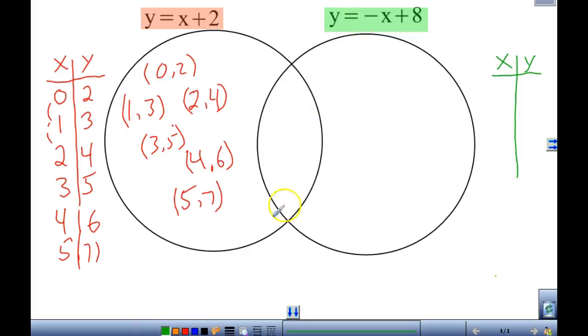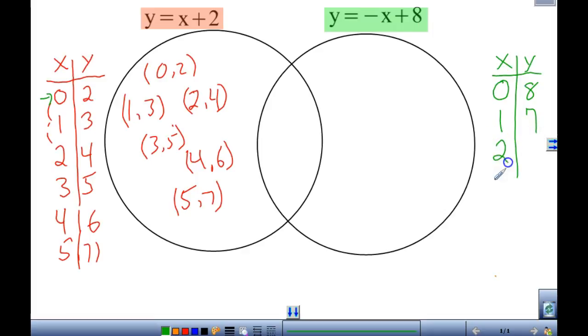And again, what we're trying to do is find something they have in common. We're going to start off with 0 here, the same as before. So this one, if we start off with 0, would be negative 0 plus 8. Negative 0 plus 8 is 8. Go to 1. Negative 1 plus 8, or 8 minus 1, would be 7.